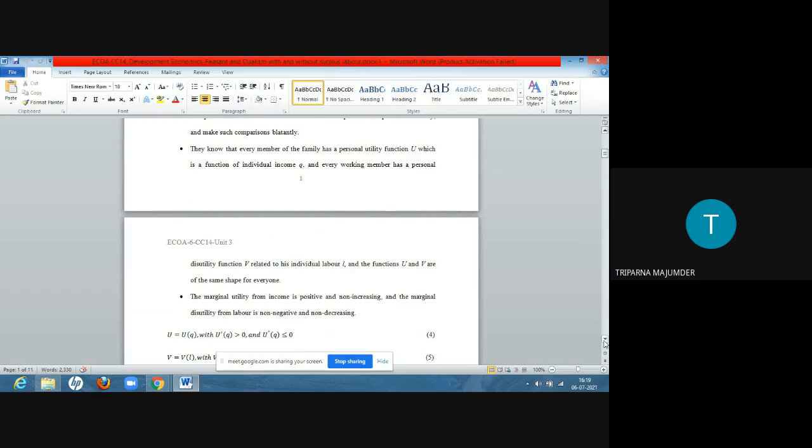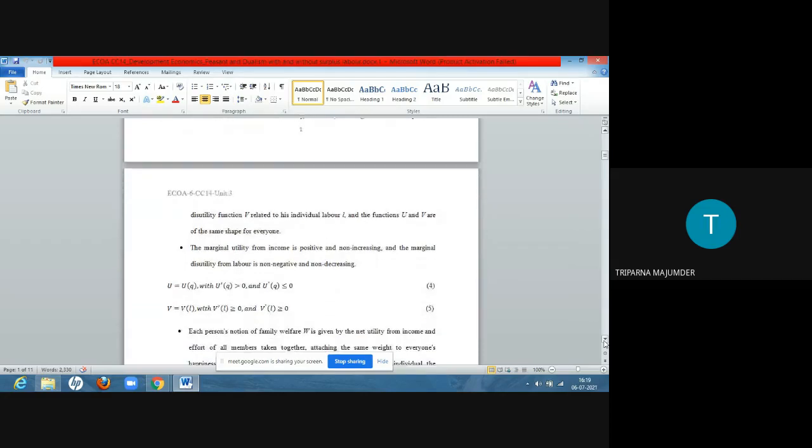The marginal utility from income is positive and non-increasing, and marginal disutility from labor is non-negative and non-decreasing. This you know from your earlier knowledge.